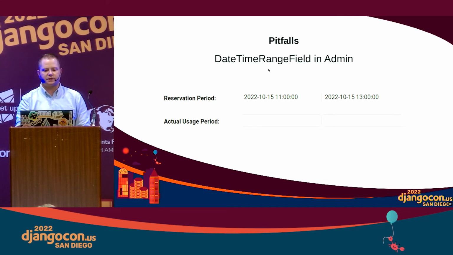You can, of course, extend the default multi-widget used in Django's admin with your own template, and then use a similar technique to what I was showing earlier, and attach a picker of some sort. But by default, you just get these text boxes, and it can be a little off-putting trying to modify your ranges in the admin.